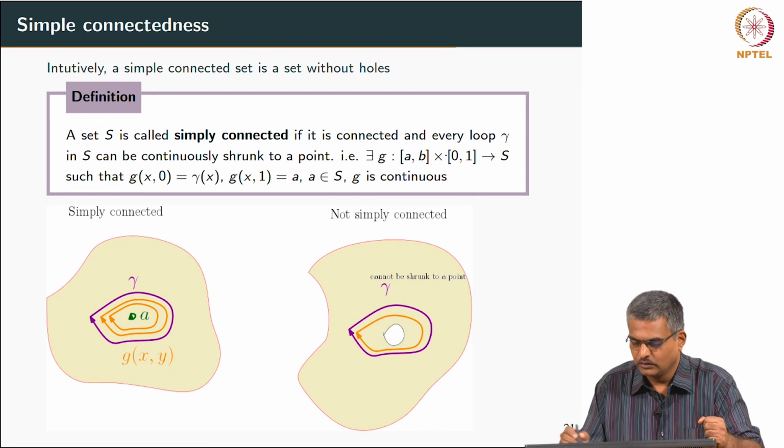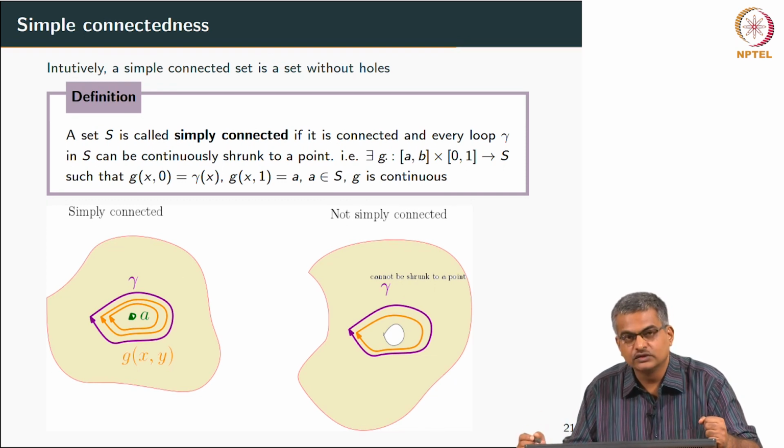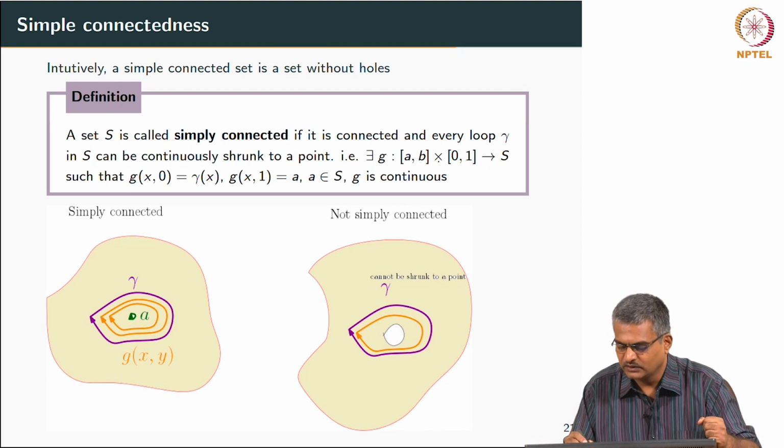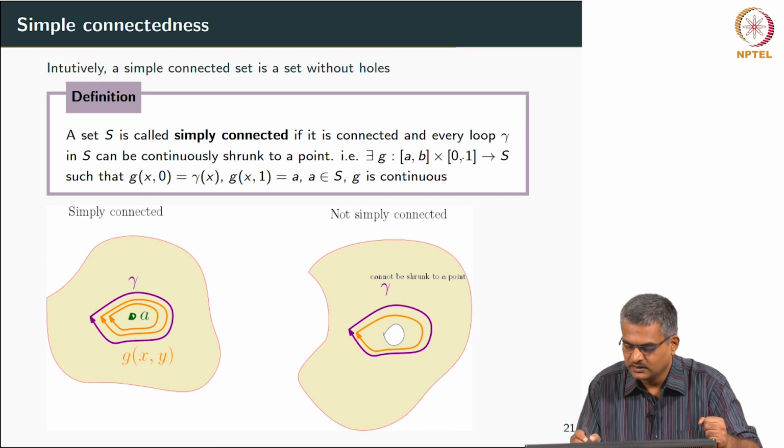More mathematically, if there exists a continuous function g which maps from the interval [a, b] Cartesian product [0, 1] to the set S such that g at 0 is the curve gamma and g of x comma 1, that is when it takes the upper limit of this set, g of x, 1 is the point, the singleton set, that is the point A, where A belongs to the set, right.